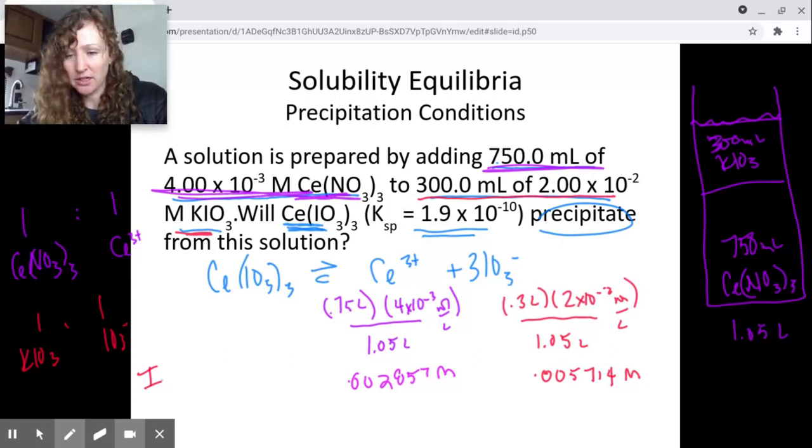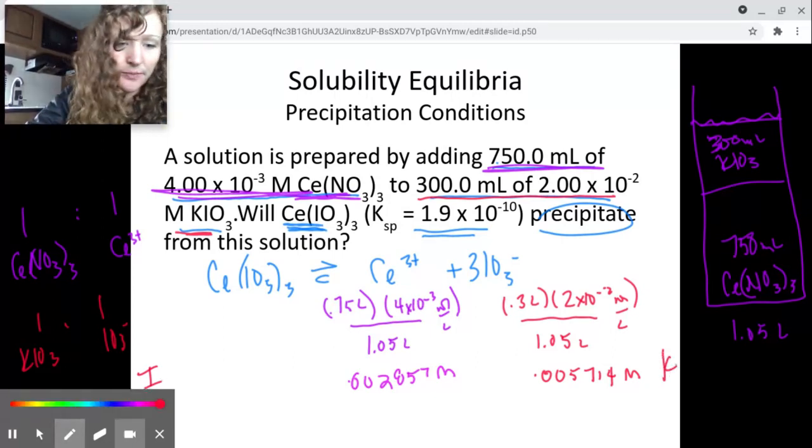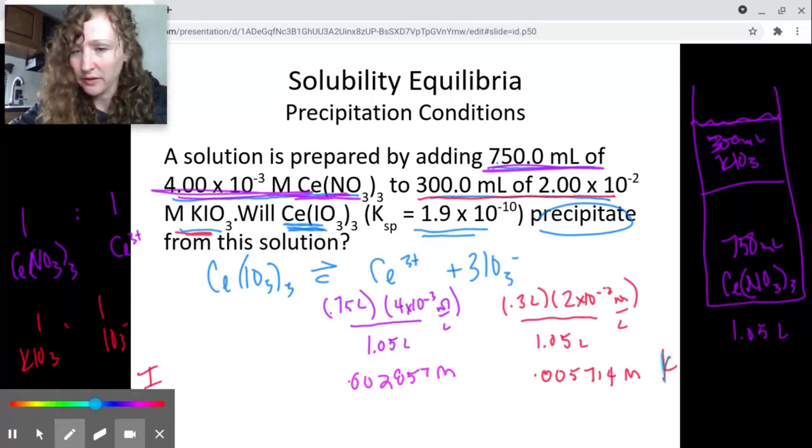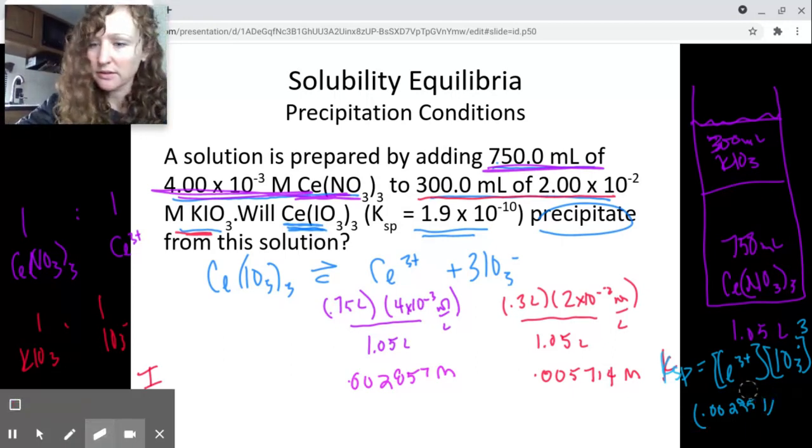So I'm going to take my KSP, my KSP is going to equal selenium, and then I have IO3 minus, and that has to be cubed. So I'm going to get 0.002857. I'm going to run out of space.